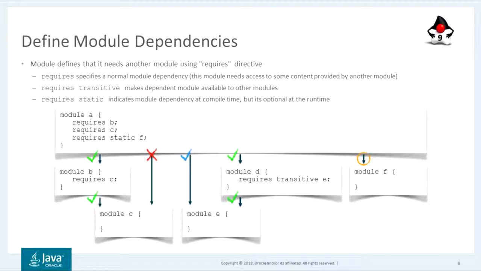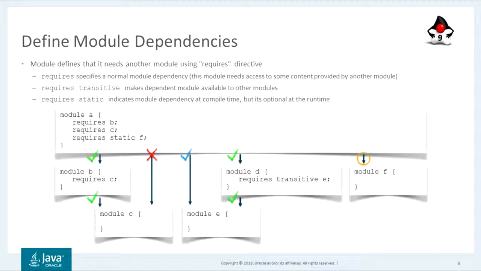Now, there's another interesting feature. It's called requires transitive. The idea is that if module D says it just requires module E, that's not making E available to A if A requires D. But if D says requires transitive E, then any other module that requires module D will essentially also imply that it can access module E, so it's by proxy, if you like.